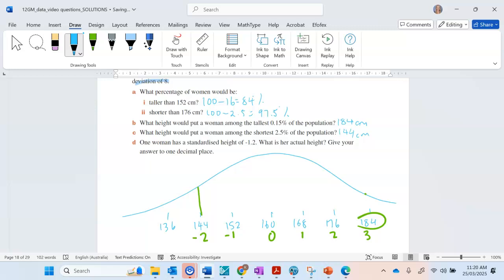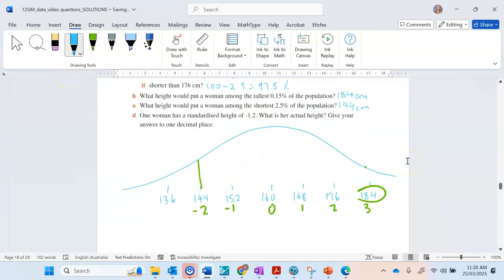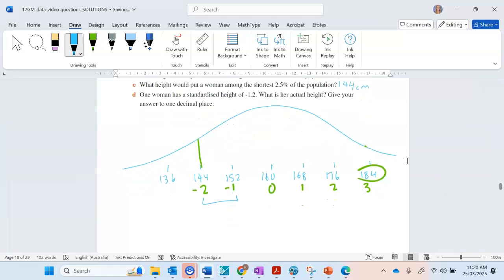One woman has a standardized height of -1.2. What is her actual height? We know she's going to be somewhere between 144 centimeters and 152, because that's where -1.2 falls. So let's calculate her actual height.